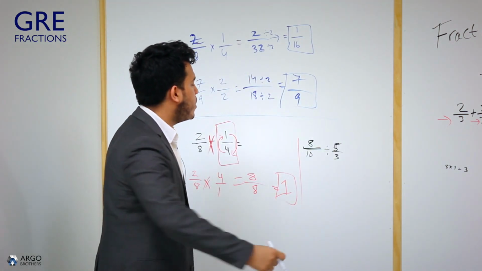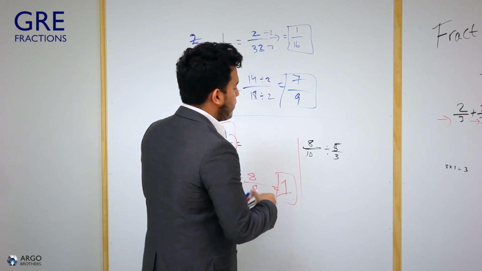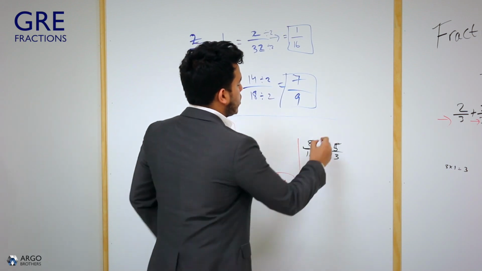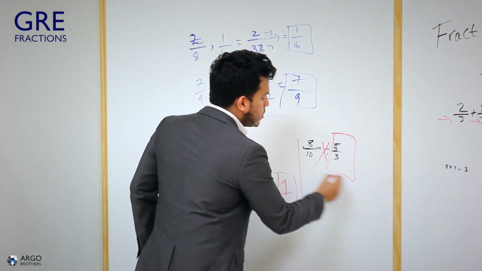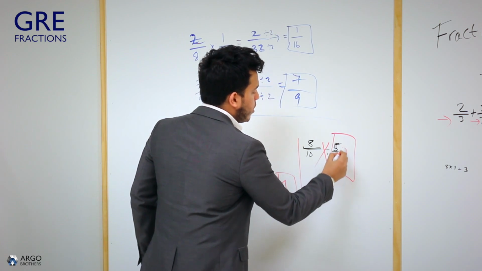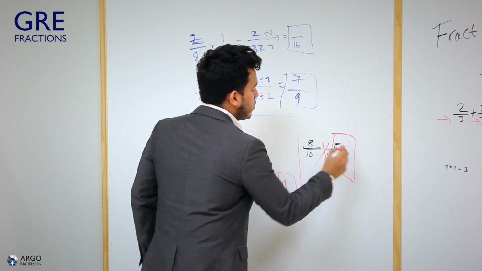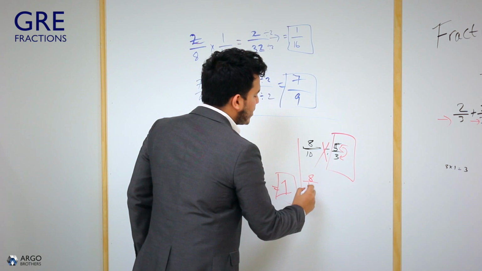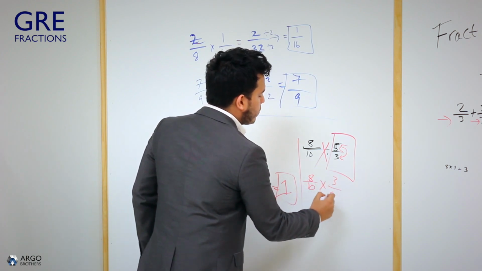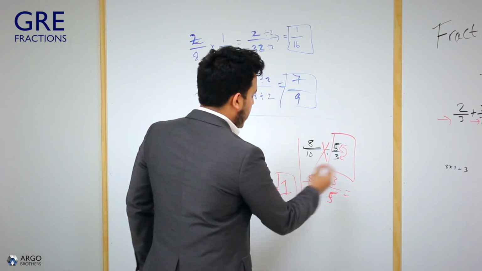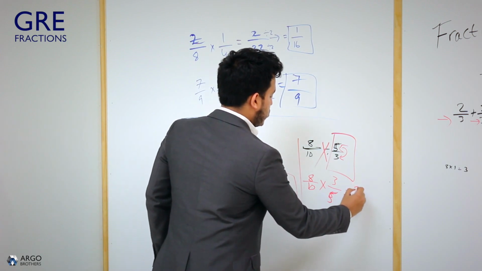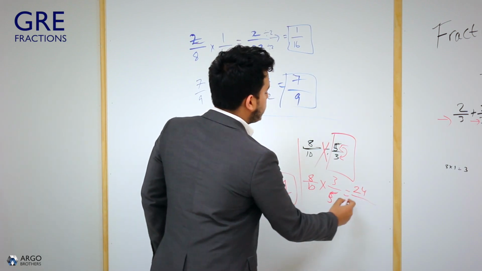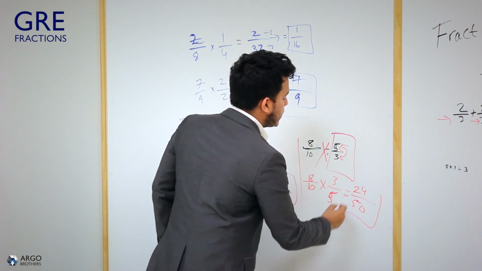Who cares? It doesn't matter. Well, same steps. Automatically, you take the reciprocal of this. Numerator becomes the denominator. Denominator becomes the numerator. So I'm left with 8 over 10 times 3 over 5. And I get 8 times 3, 24, and then 10 times 5 is 50. And this is my answer.